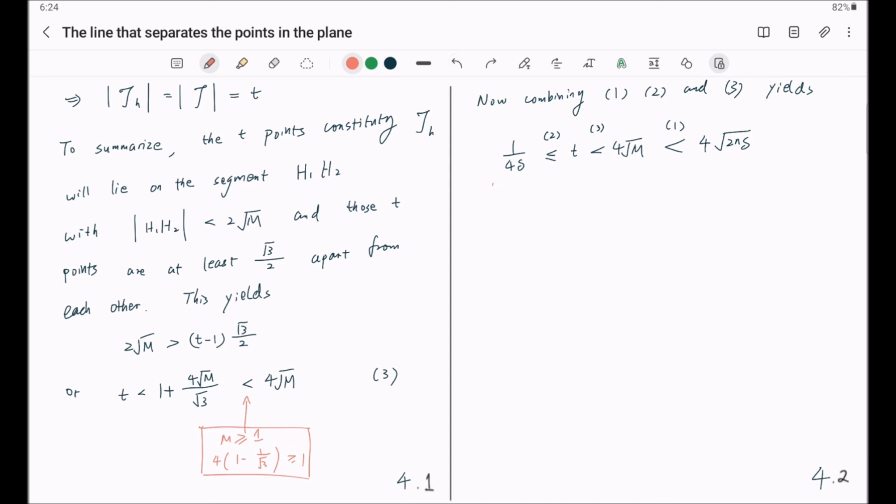And look at the head and the tail. They will give us this inequality. 1 less than 16 times root of 2n delta times delta. Now you simplify this.